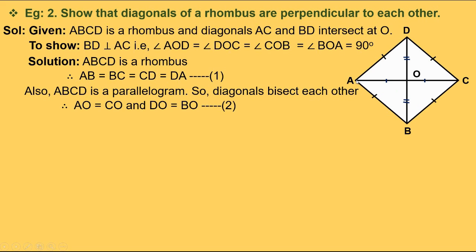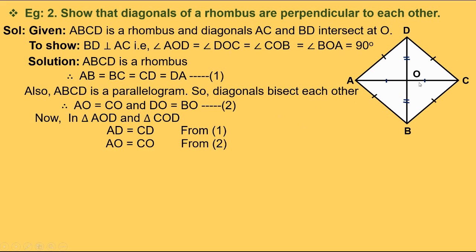Now to show that angle AOD is equal to angle DOC, which is equal to 90 degree. First, we'll show that both angles are equal by using congruence rule. So now in triangle AOD and triangle COD, AD is equal to CD from equation 1, AO is equal to CO from equation 2, and OD is common to both the triangles.